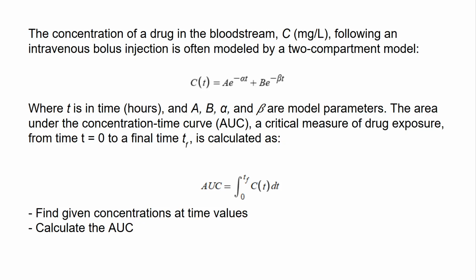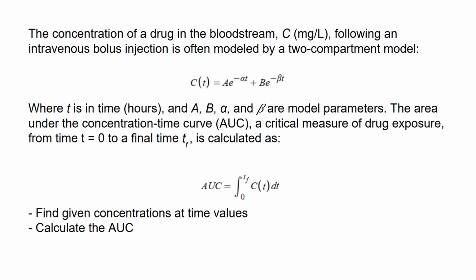And also using this, we can also find the area under the concentration time curve, also denoted as AUC, which is important to measure exposure from the time value to the final time. As you can see from that, it's finding the integral of it.